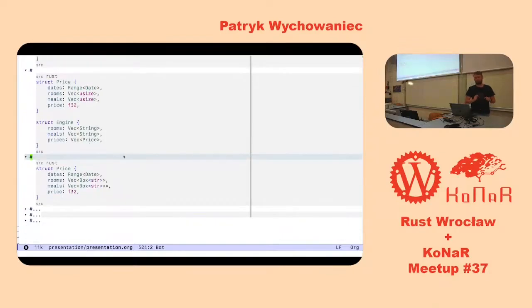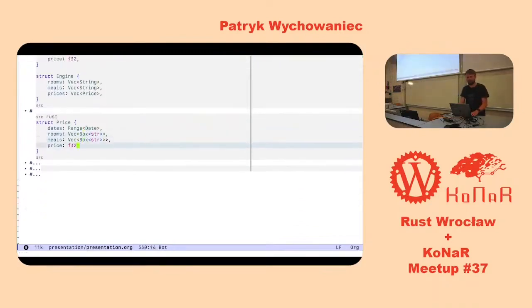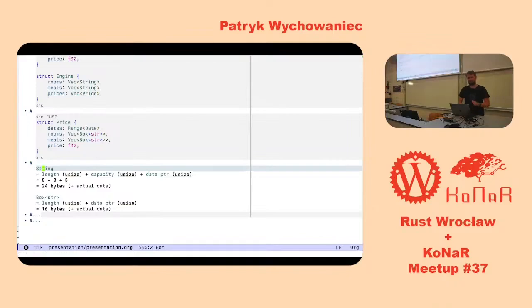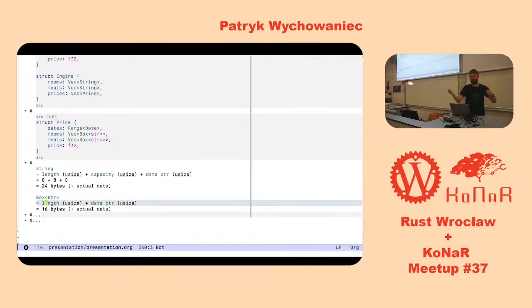Among the easy-to-apply optimizations is that we can use this funny Box<str> type. The difference is that a String is length plus capacity plus data pointer, so it's 24 bytes plus the actual data, while a Box<str> is just the length and the data pointer plus the actual data, so 8 bytes less. The trade-off is that a String is like a string builder: each time you have a String, you can modify it by pushing more characters into it.